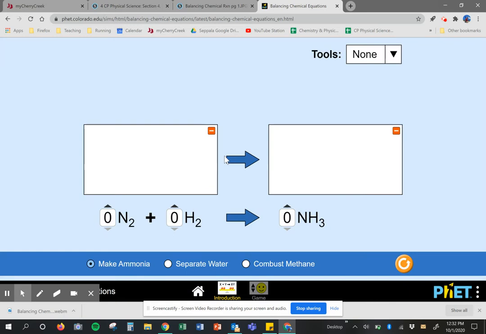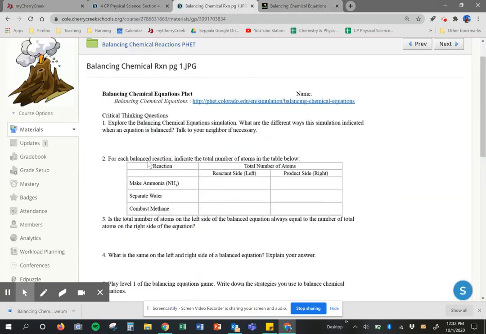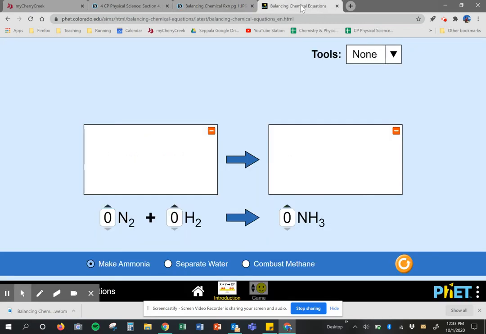The first question on your worksheet asks, explore the balancing chemical equation simulation. What are the different ways this simulation indicated that an equation is balanced? Talk to your neighbor if necessary. You don't need to talk to your neighbor. We're going to do it right here in class. Number one, the first way we can figure this out is by using the tools. Either the scales, which I don't like, or the bar graphs, which I do like.